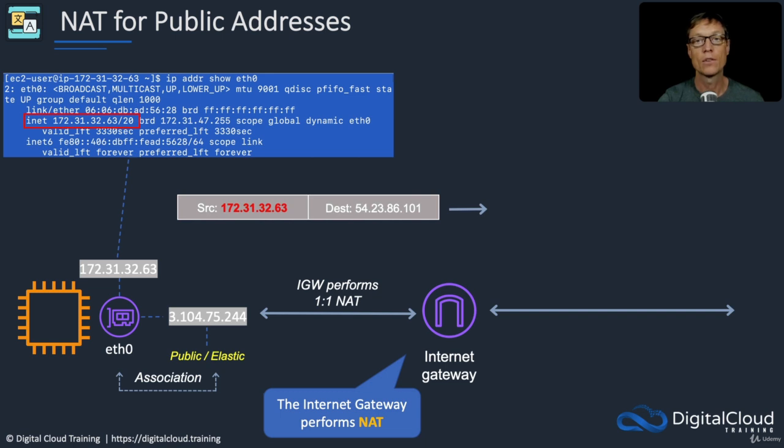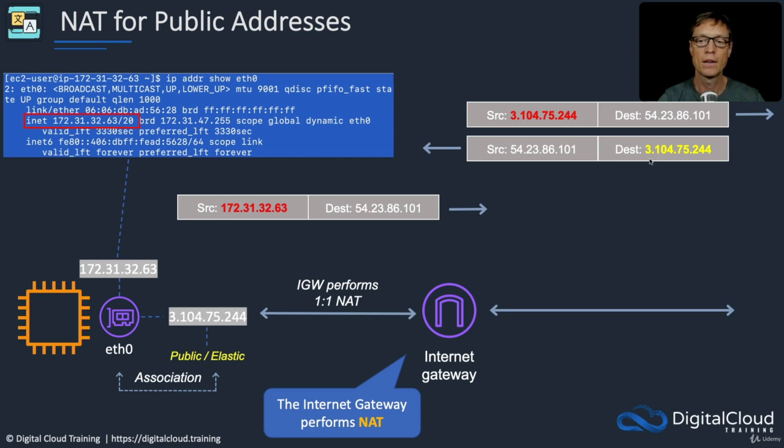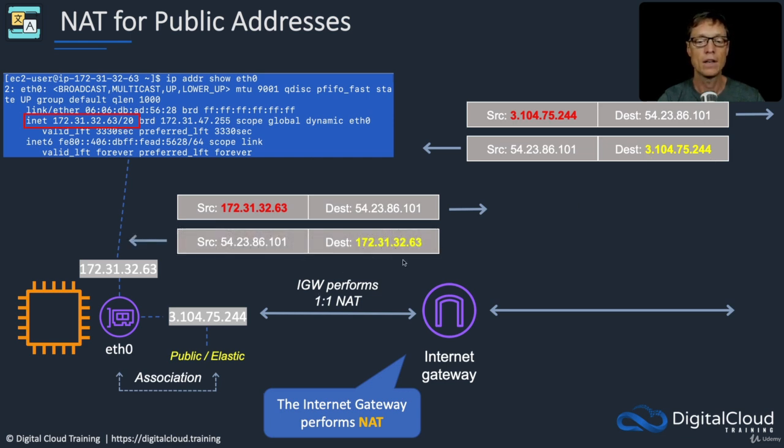What that means is when a packet goes out from your instance, it has a source address of the private IP, destination of whatever the address is on the internet. The NAT gateway will then change the source address to be the public or elastic IP address. And then when the return traffic comes back, it's destined to the public address, and the Internet Gateway will translate that to the private address.